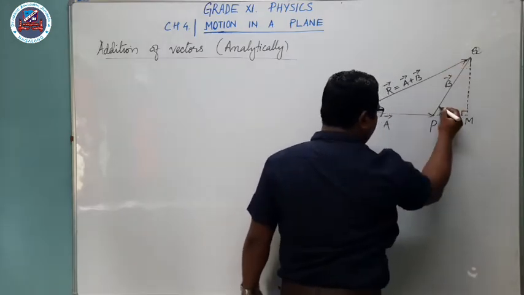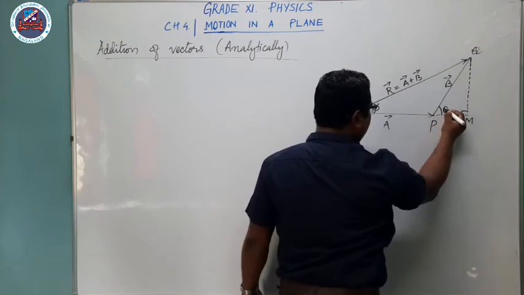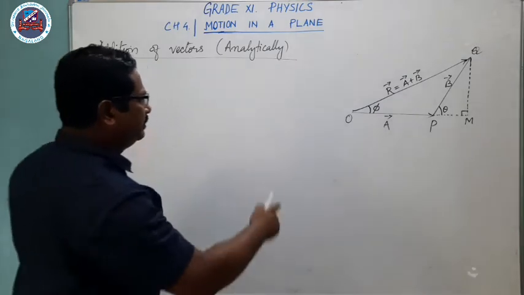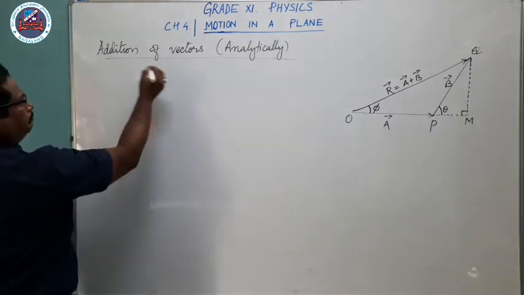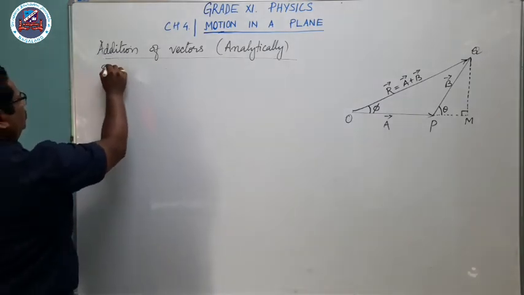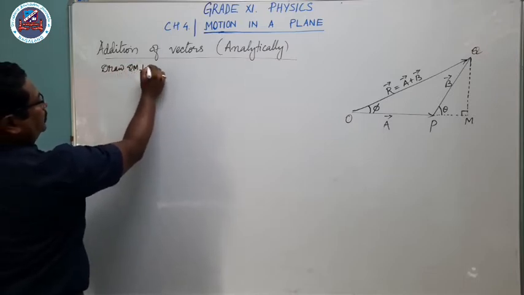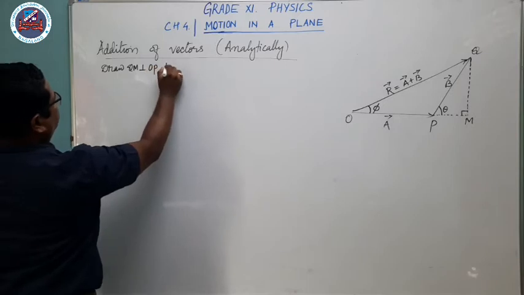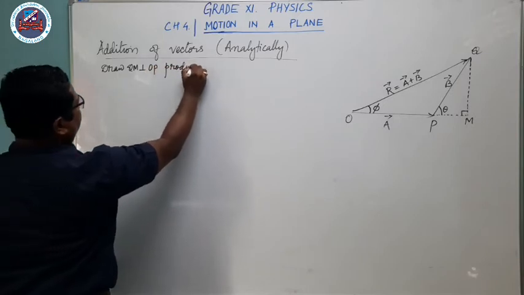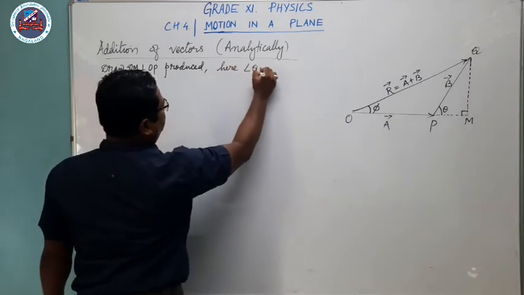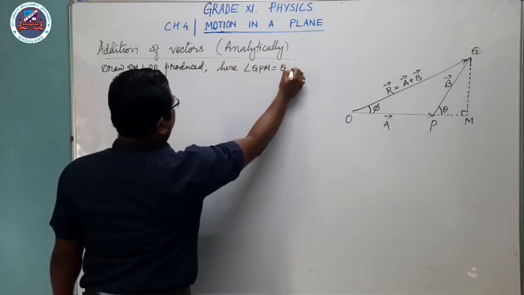So the angle between the two vectors is theta. So you can write like this: draw QM perpendicular to OP produced. Here angle QPM is equal to theta.